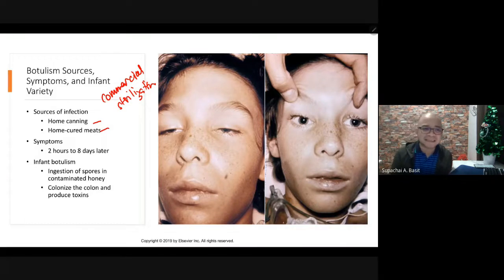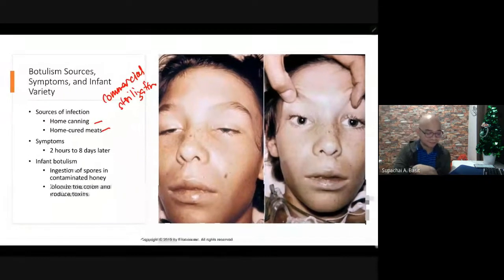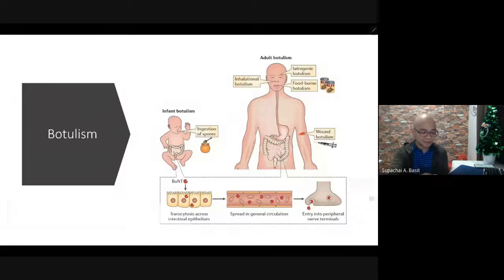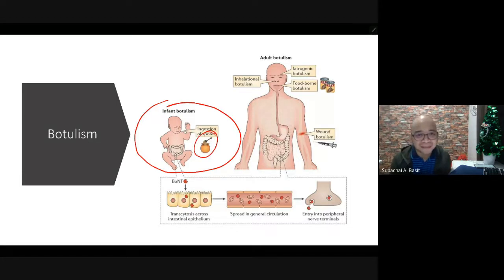But there's another important variety of botulism, and that is infant botulism. Usually, infants will get the spores in contaminated honey. It will colonize the colon and eventually produce toxins. Okay, so this is infant botulism, from honey that is contaminated.